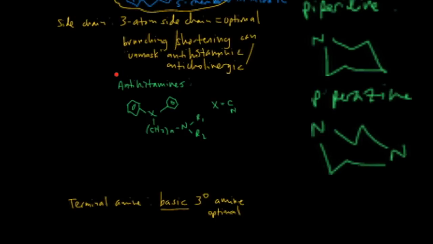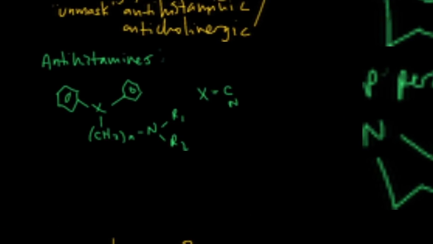So here's the general structure of antihistamines, which has a phenyl group, an aryl group here, a benzene ring here, a benzene ring here, X equals carbon or nitrogen, and you have a CH2, and you can have 2 or 3.